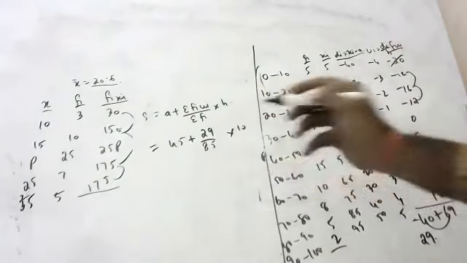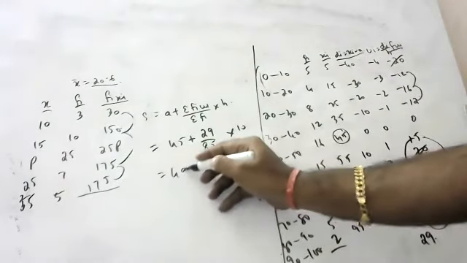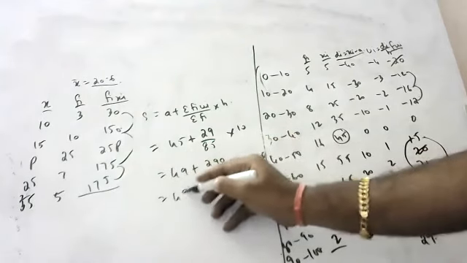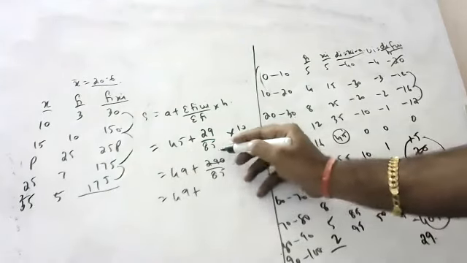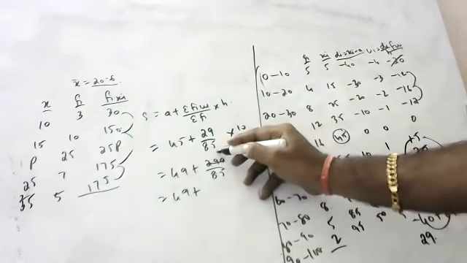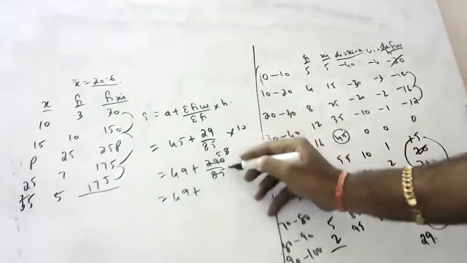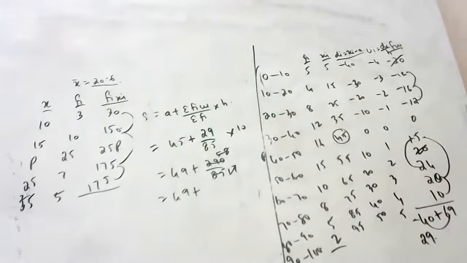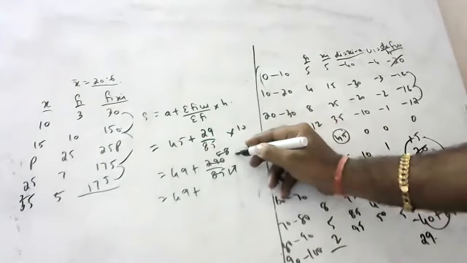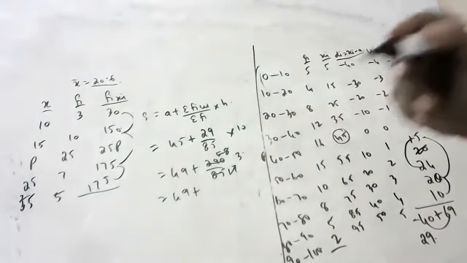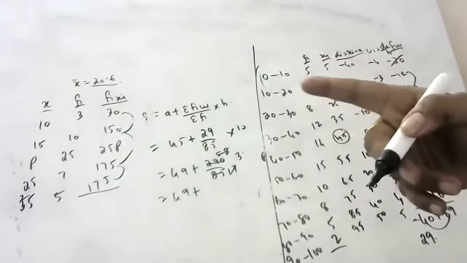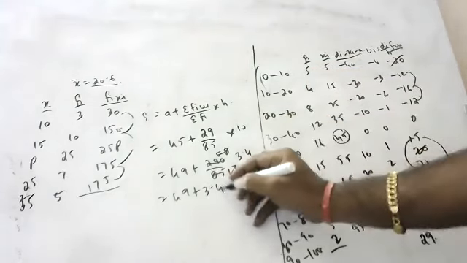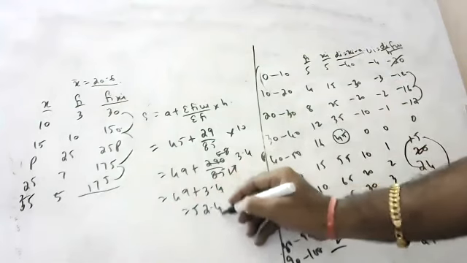So 45 plus 290 by 85. 290 by 85 comes to about 7.4, so approximately 52.4.